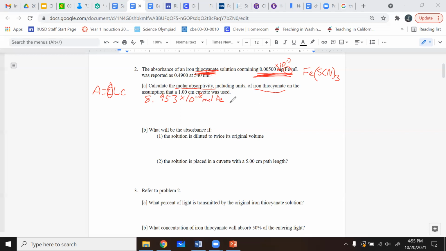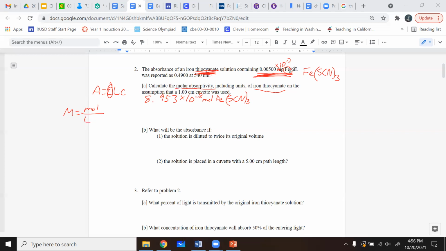All right, so once you have this information, you know that this is the same thing as saying moles of iron thiocyanate. Because again, there's only one iron for every iron thiocyanate molecule. From here, we're going to take that information and we're going to convert it into molarity. We know that molarity is equal to how many moles of solute do you have for every liter of solution you have.